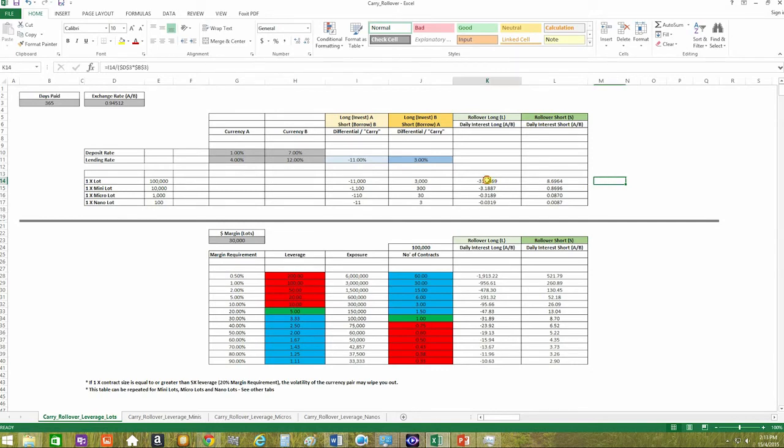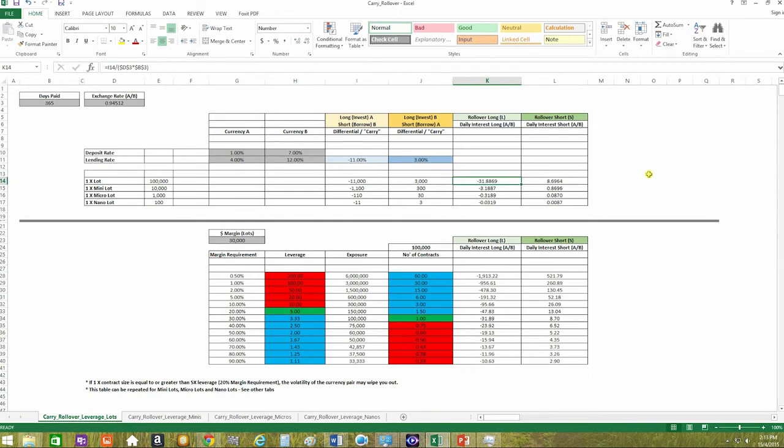Now, with this situation, you have to start thinking in a similar way, because if you decide to go long the currency pair AB and you actually have no idea what the rollover situation is, so the interest rate differential worked out on a daily basis, then it's pretty obvious that if the volatility of the currency pair doesn't move by this amount per day, then you can quite easily make nothing per day.